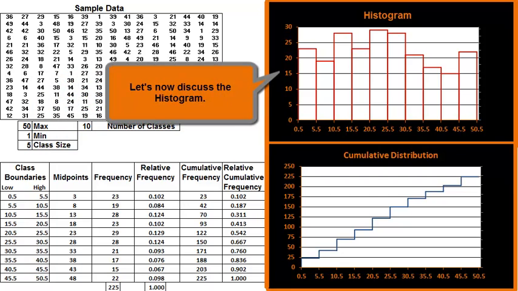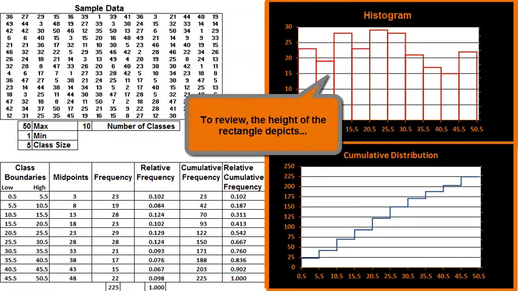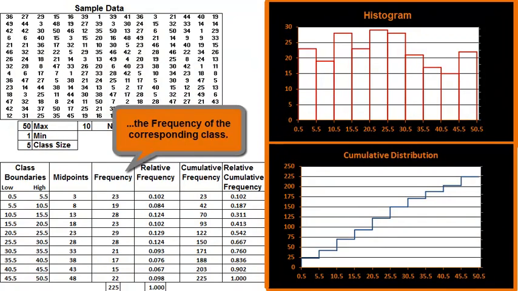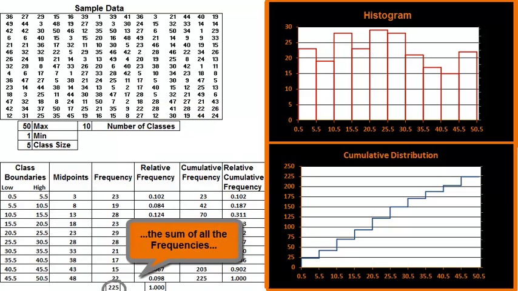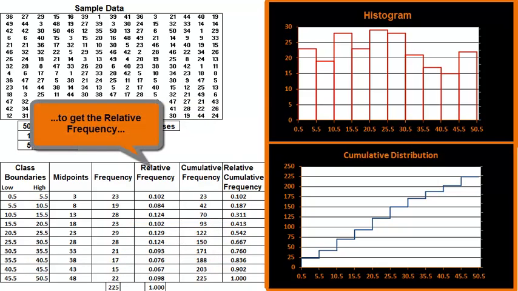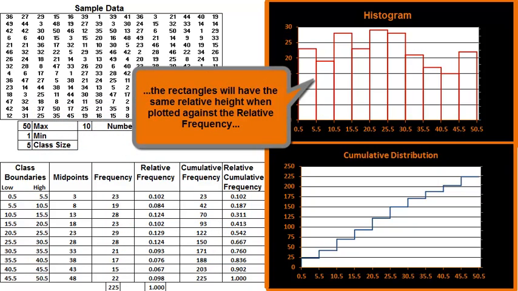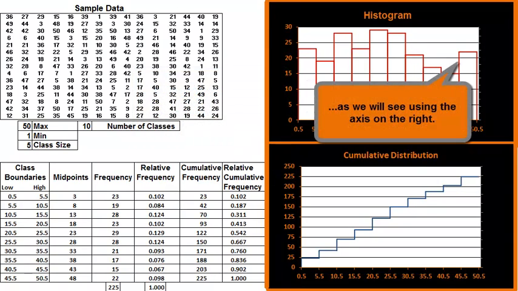Let's now discuss the histogram. To review, the height of the rectangle depicts the frequency of the corresponding class. Since each of the frequencies is divided by 225, the sum of all the frequencies, to get the relative frequency, the rectangles will have the same relative height when plotted against the relative frequency, as we will see using the axis on the right.